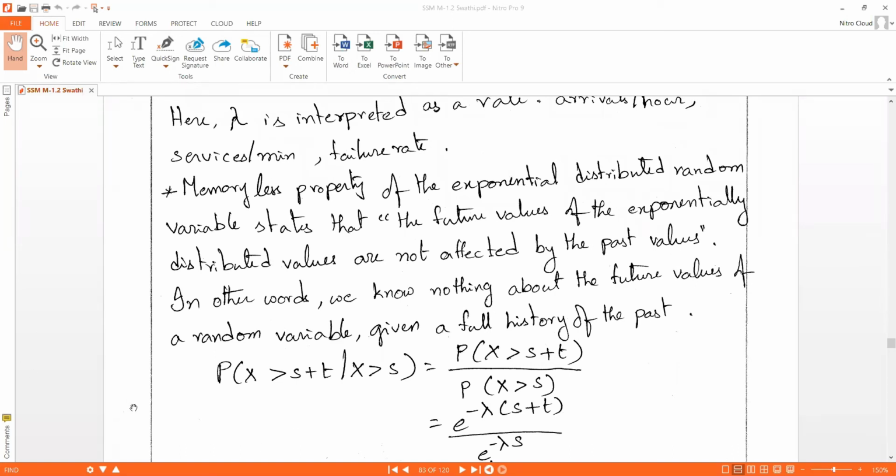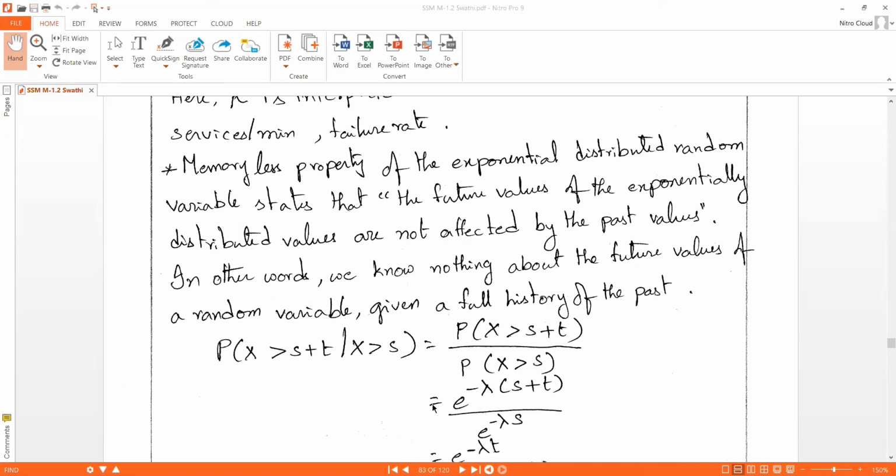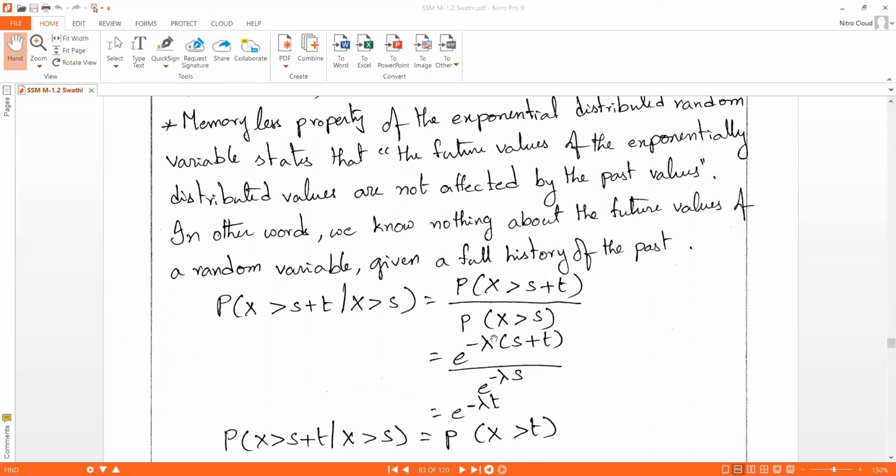That can be written like this: P of x greater than s plus t given x greater than s is P of x greater than s plus t divided by P of x greater than s. That can be written as e power minus lambda into s plus t divided by e power minus lambda s, which is nothing but e power minus lambda t.